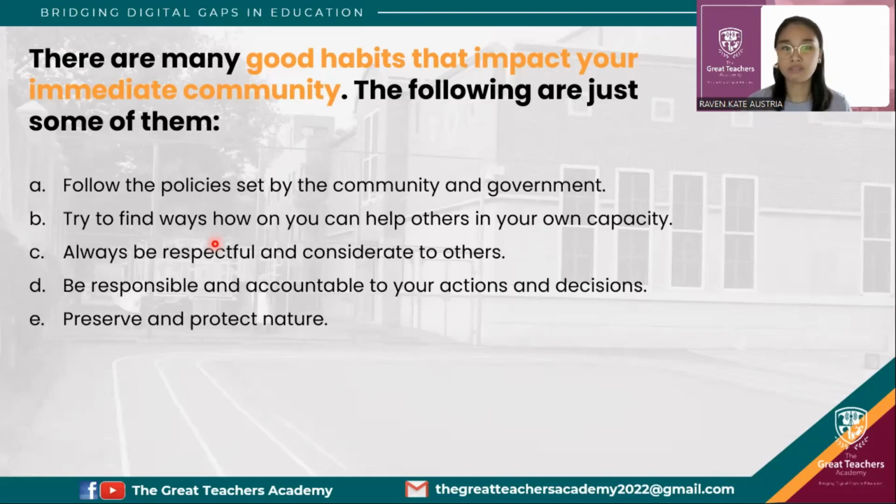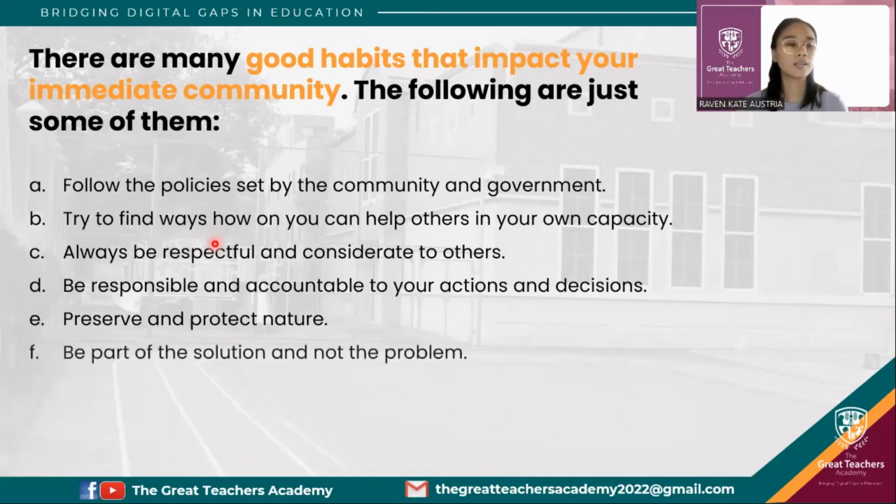So that's how we preserve and protect nature. Kasi once we preserve and protect nature, it will protect us as well. Sobrang helpful nito, especially in our community. If we are being responsible in our nature, in our community, then this community will also protect us in return.